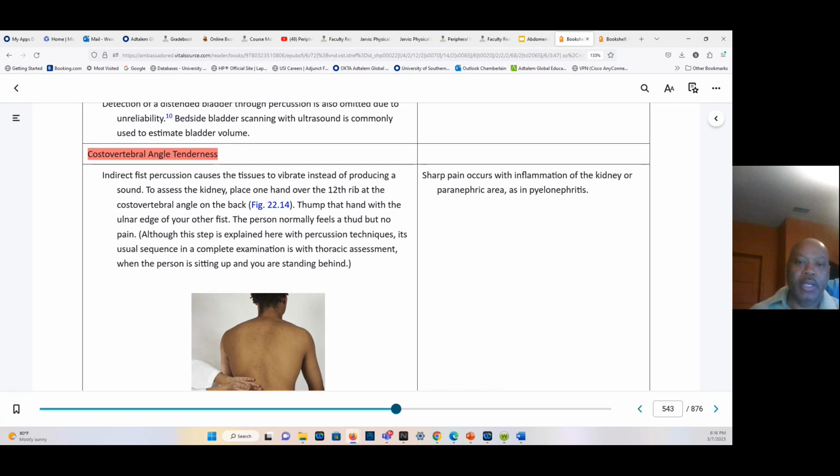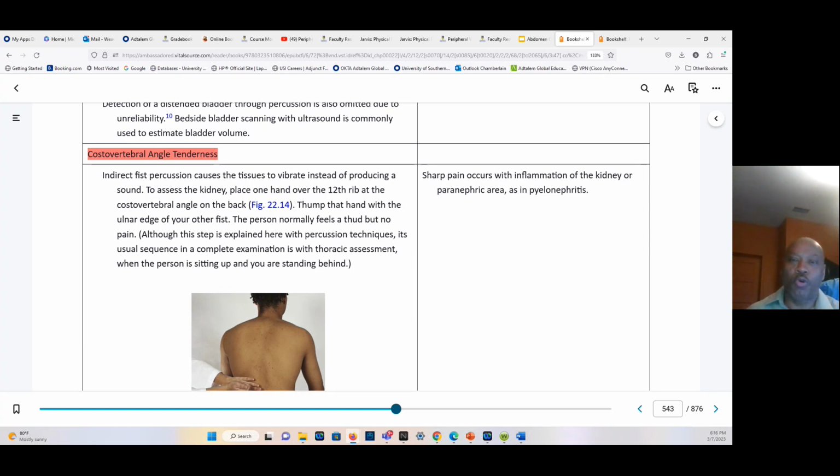Now, it is a usual sequence in a complete examination to do this with the thoracic assessment. In other words, while you are assessing the thoracic region, like your breath sounds and so forth, and the person is sitting up, you might as well go ahead and check for CVA tenderness as well.